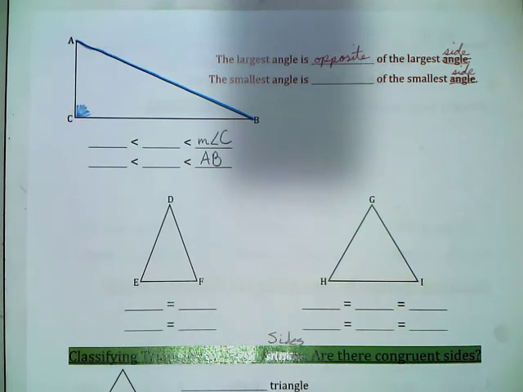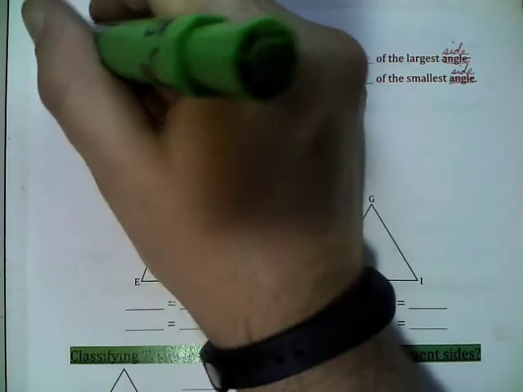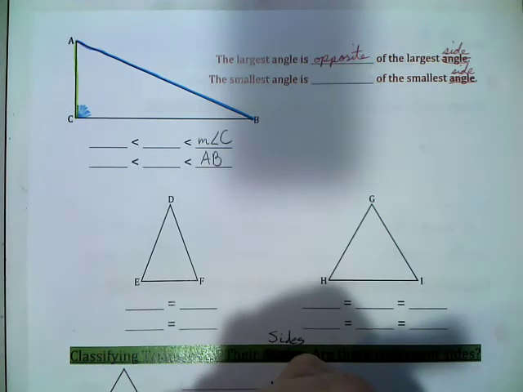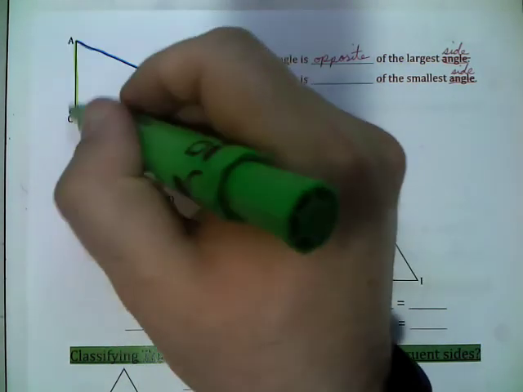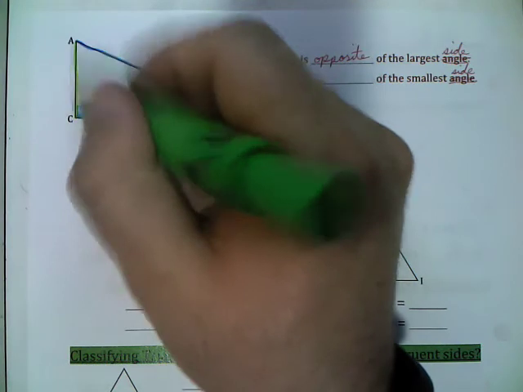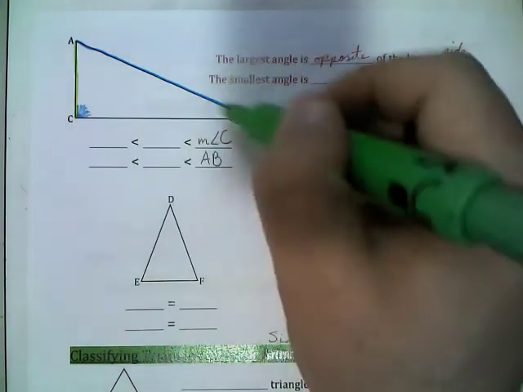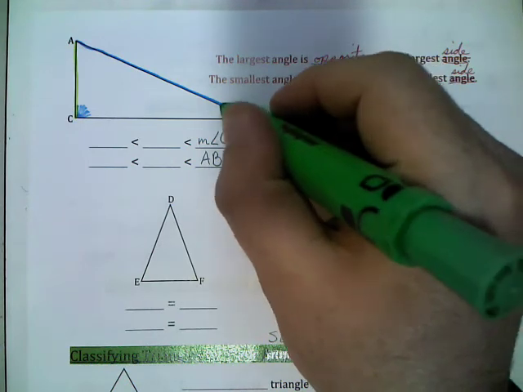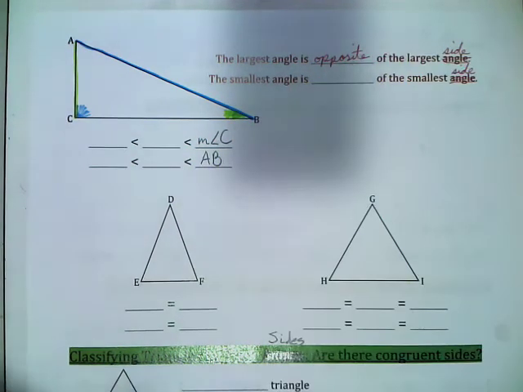Now if we go down to the smallest angle and the smallest side, here's my smallest side, and so it's touching A and C, angles A and C, so those aren't going to be opposite of it. Opposite of it must be angle B. And it's so tiny there that I can barely get my highlighter in there.